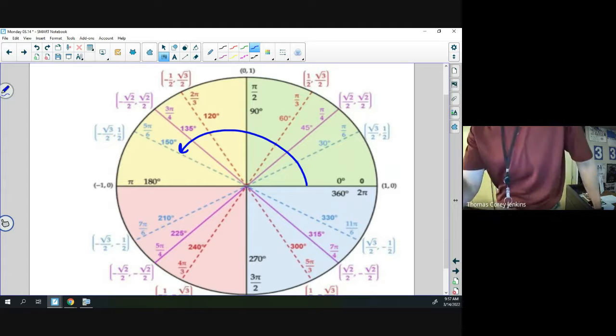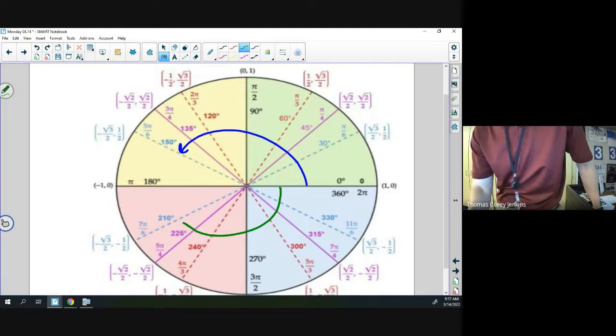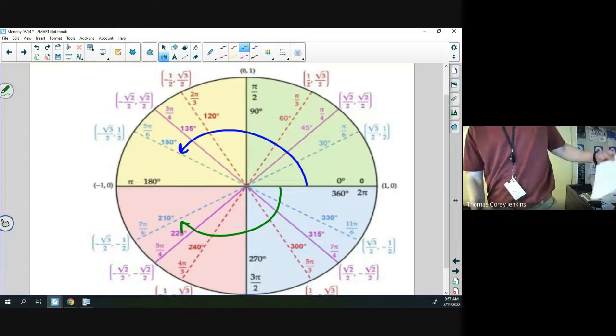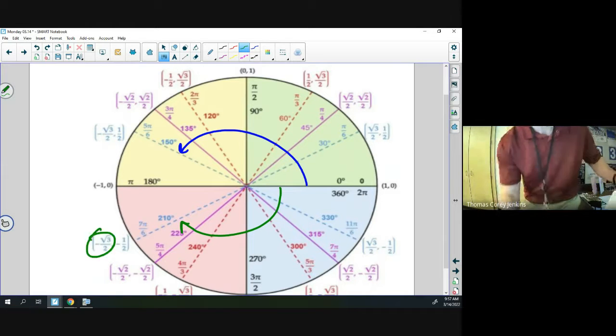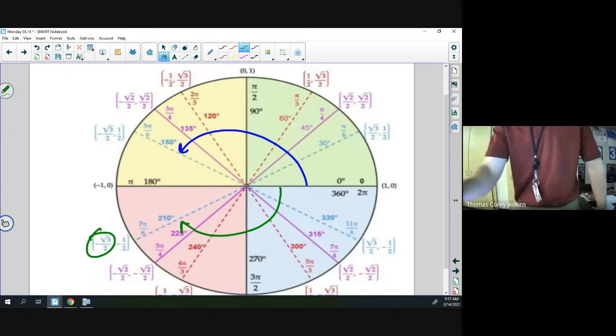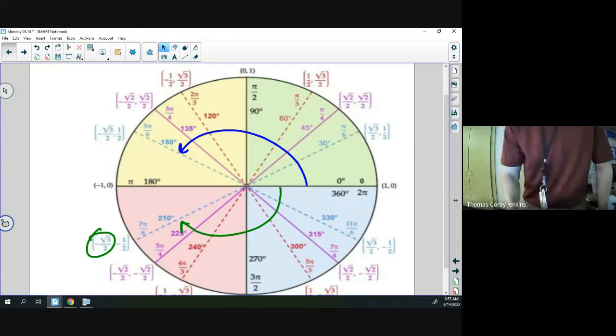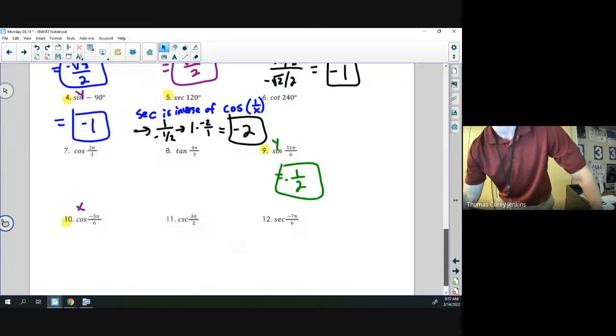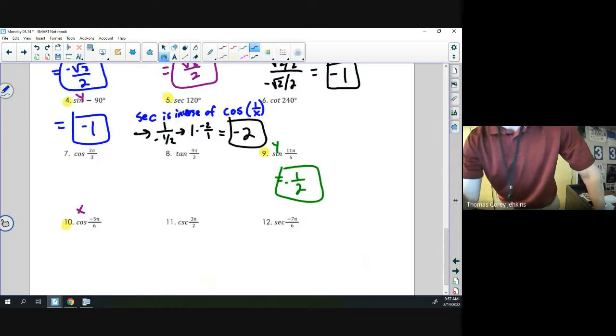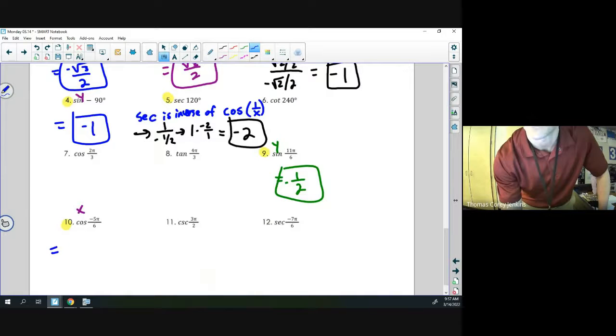That's right. So we're going to look at this guy right here. We said we wanted the x value, so then I know I want -√3 over 2. So that's where that angles of rotation work comes back into play.